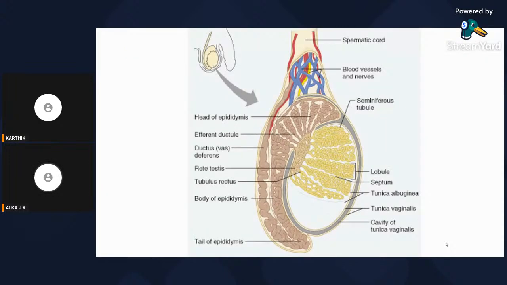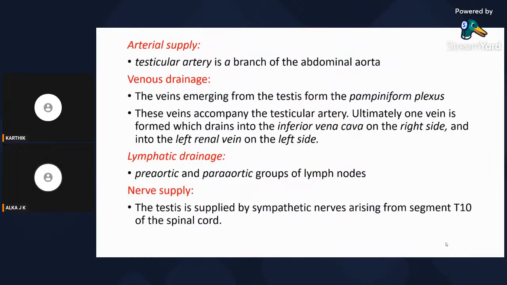See carefully: posteriorly the mediastinum is there, and this is the head of the epididymis. In between, you can see the network-like structure, the rete testis. Then there are 20 to 30 efferent ductules, and they enter the head of the epididymis, where they form the head of the epididymis.